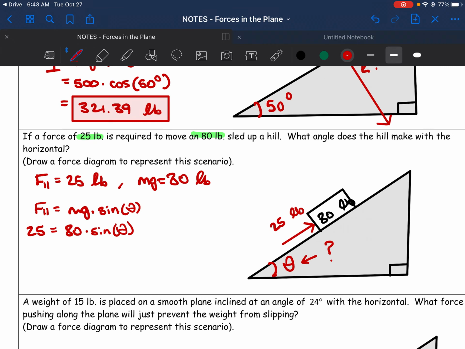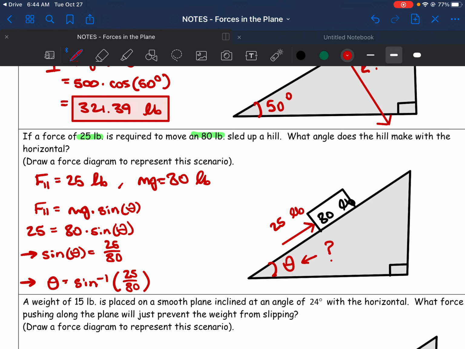Well, let's go ahead and divide both sides by 80. This would give us the sine of theta is equal to 25 over 80. And we know that if we want to get the angle, we're going to need to take the inverse sine of both sides. So this is going to tell us that theta equals the inverse sine of 25 over 80.